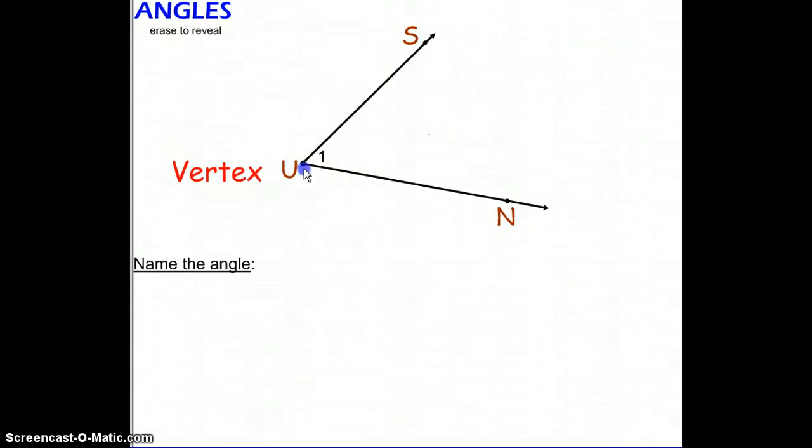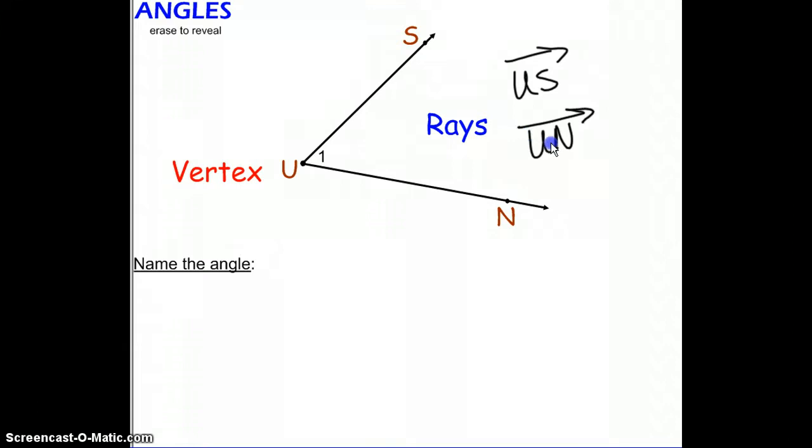So U is the vertex of this angle, and the rays would be US and UN. Okay, so we said the vertex was U. So we rotated a ray, US, about its endpoint, U. Okay, we can open that up.